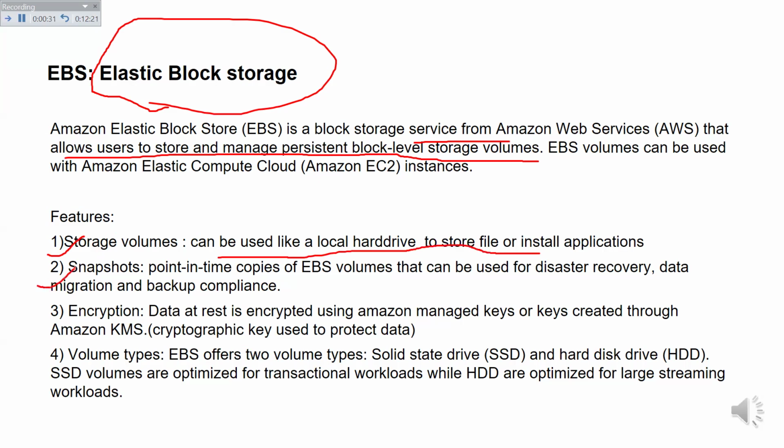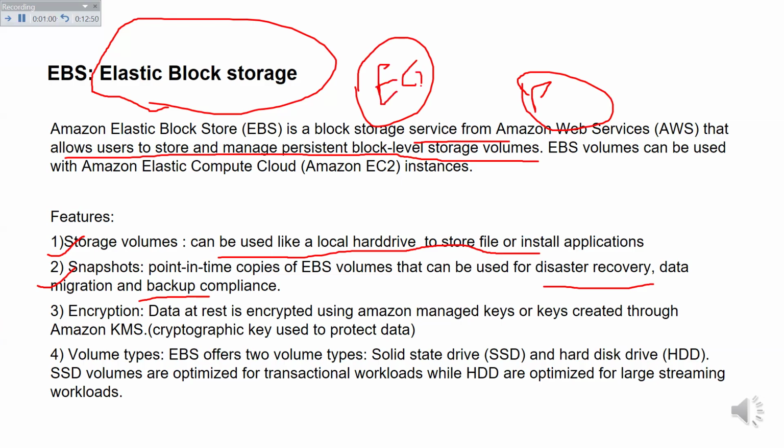Snapshot: you can take a snapshot of Elastic Block Storage, and with the snapshot you can recover the data, correct? It will help you with disaster recovery, data migration, or backup compliance. Suppose this is your EC2 instance; you can attach your EBS volume to this EC2, and it will have all the data written over here.